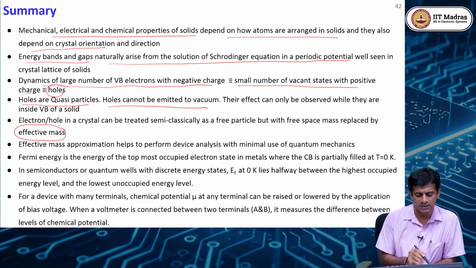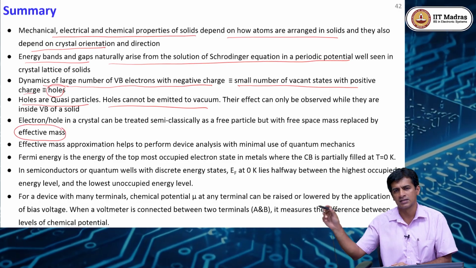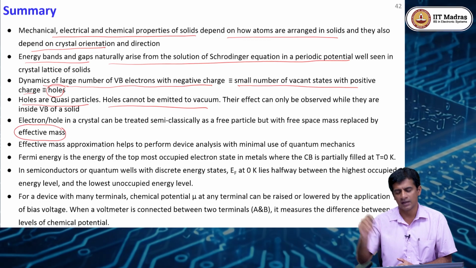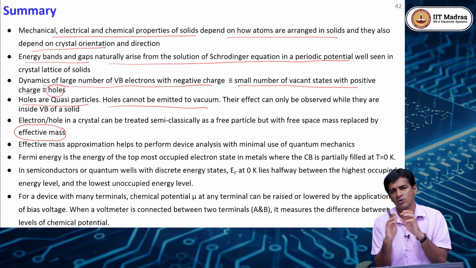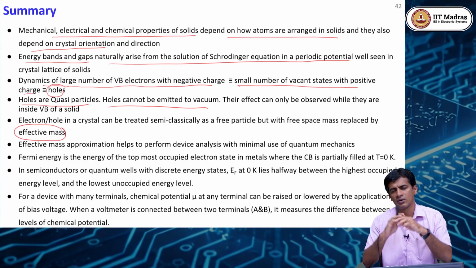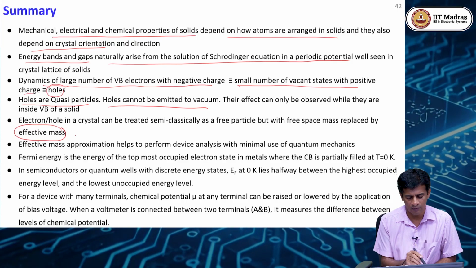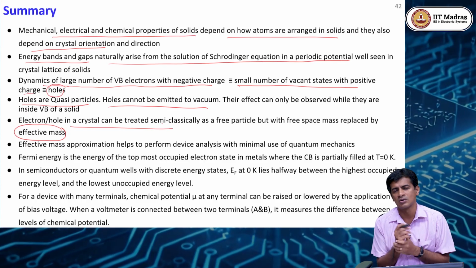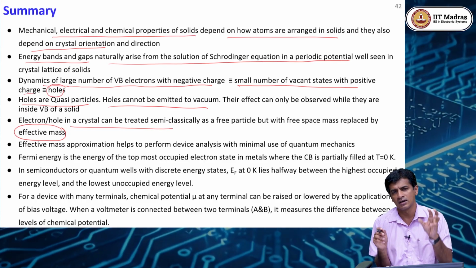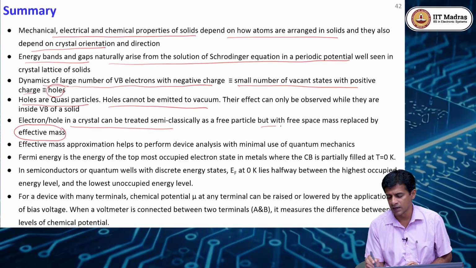The effective mass is that, in a solid, the electrons move in a periodic potential well. So what the effective mass approximation does is that you don't need to worry about the periodic potential well, or the quantum mechanics and all those things. You can treat the electrons and holes semi-classically, provided you change the mass from its free space mass to the appropriate effective mass.